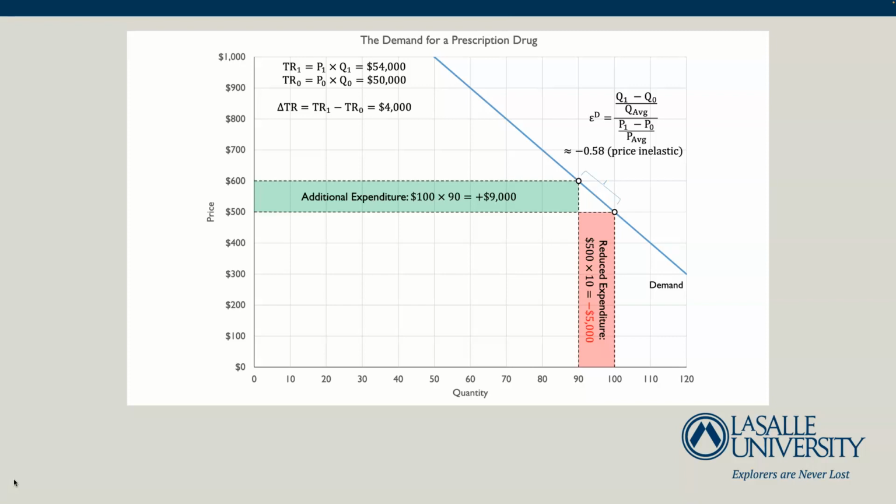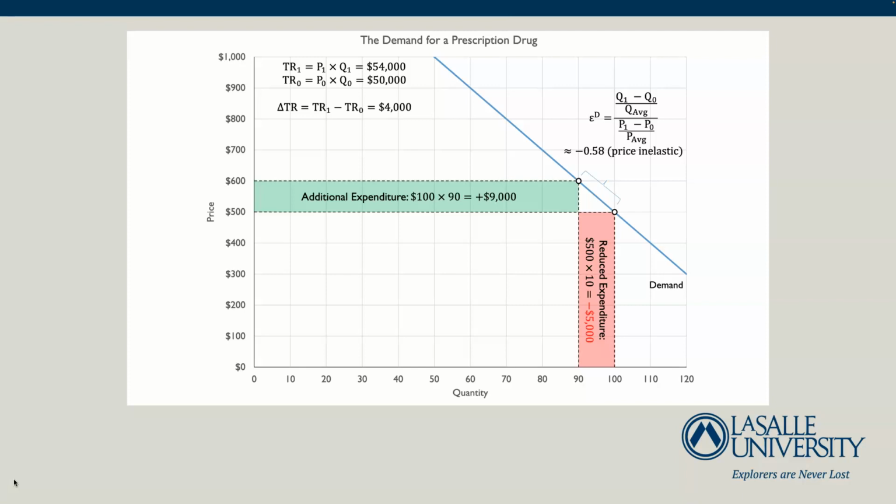In this case, the change in total revenue, the new total revenue minus the old total revenue, is $4,000. And that's principally due to the fact that we're seeing an increase in expenditure or revenue coming from the price hike that is offsetting the reduction in unit sales or quantity demanded.